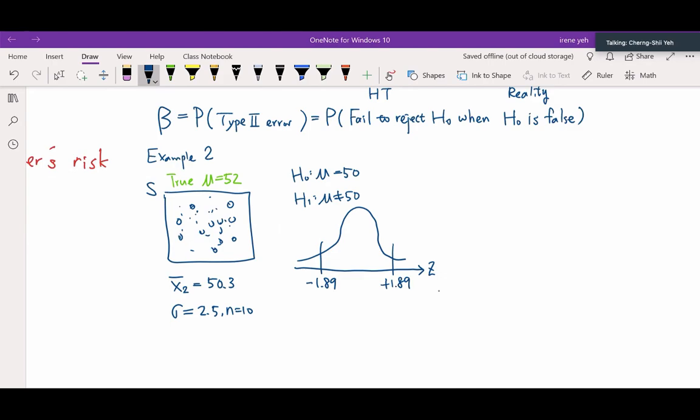Now let's derive our z using my sample average 50.3, subtract hypothesis mean 50, divided by sigma 2.5, divided by square root of 10. We derive that number, 0.38.